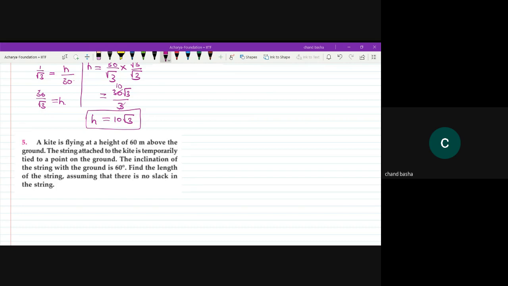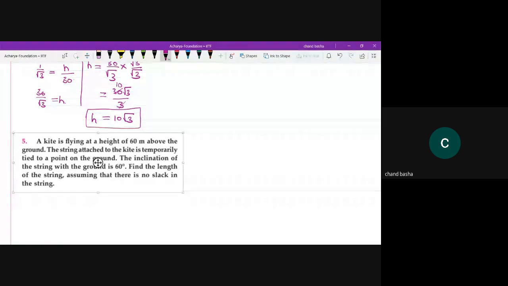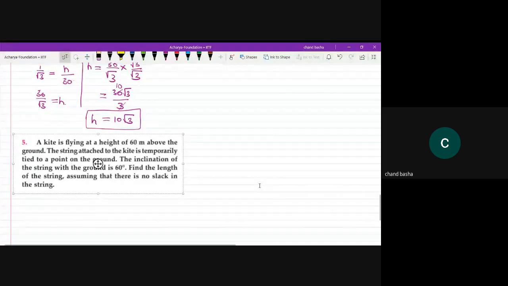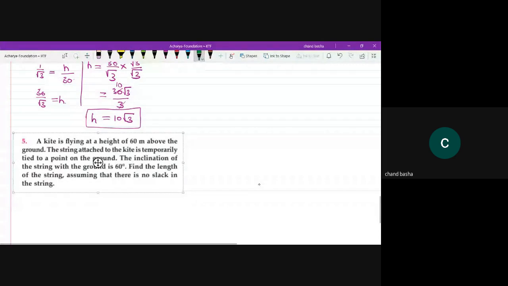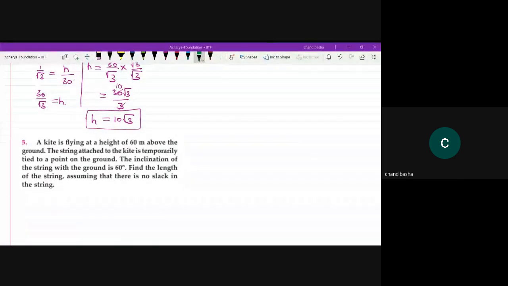Similar question, only the point is different. The requirement is different, so the trigonometric ratio is different, right? Here the figure is important. The approximate figure is important.